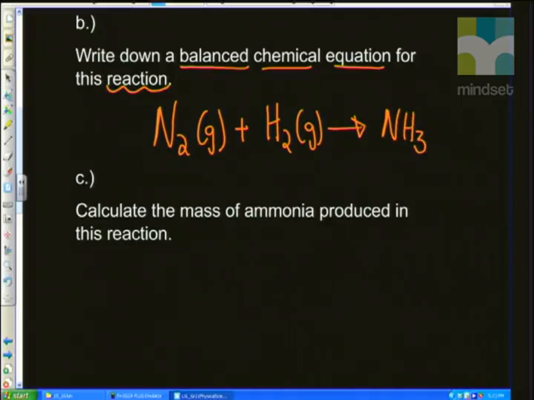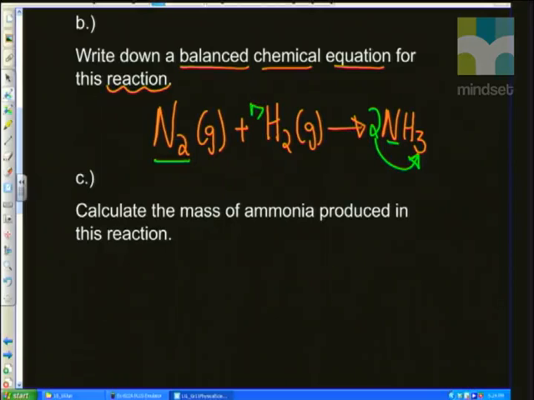Balance the equation. You would see here that we have got two nitrogen atoms, we only have one there, and for that reason we will put a 2 here, so that we have a balanced number of nitrogen atoms left to right. But by putting this 2 here, we have done something to the hydrogen. It is now 2 times 3. We have got 6 hydrogens on the right, so we need to make it 6 on the left as well.